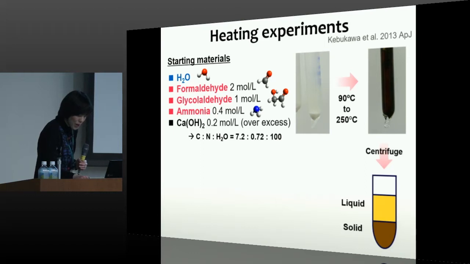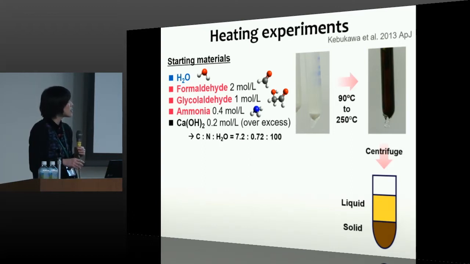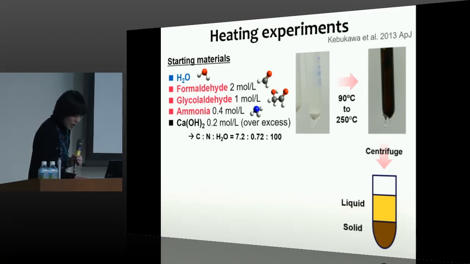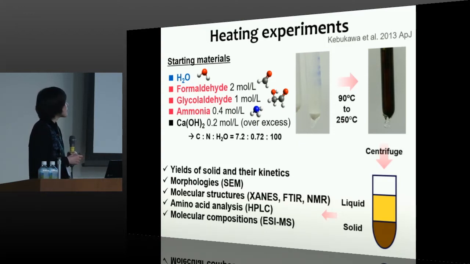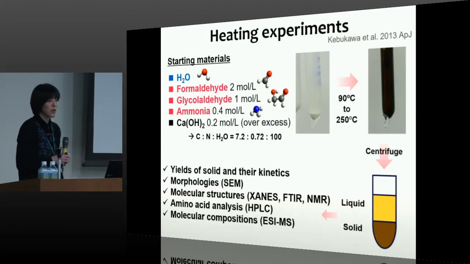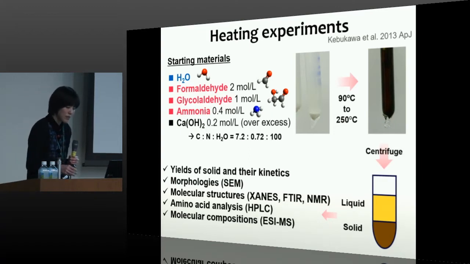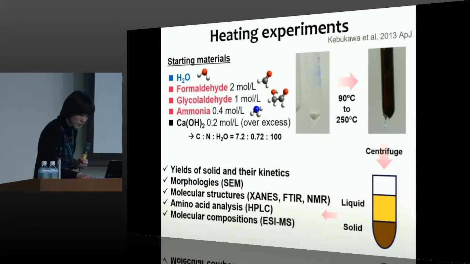After heating at this temperature, 19 to 50 degrees C, the solution's color changed into dark brown, and we can make solids. We did several different analyses for solid and liquid parts as well. So I'll introduce some parts of the results.